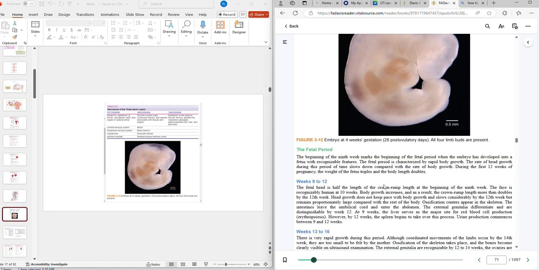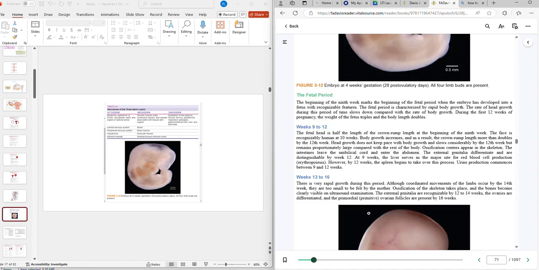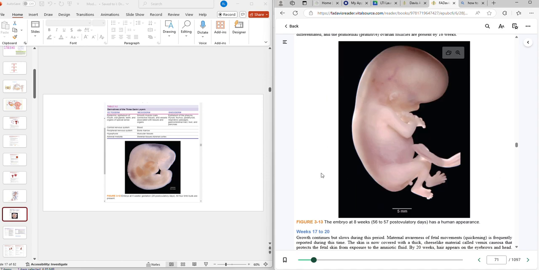Okay. 9 weeks, 9 to 12, 13 to 16. So you see at week 8 how distinct this fetus looks to a human. Okay, it is a human. Okay, has a very human appearance. It is a human, and this is only 8 weeks pregnant. So 2 months, less than 2 months.